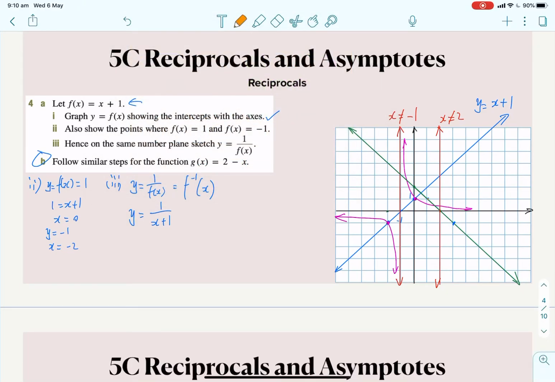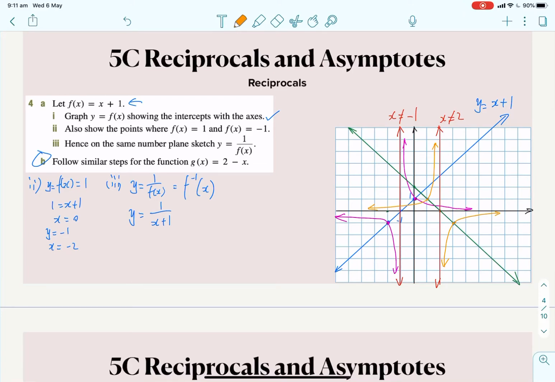Here at this point, it's what I call a turning point, but it's not really a turning point, because that would confuse you with something else later. This is that, and this is this side. As long as you get a few points, you can easily do the graph.